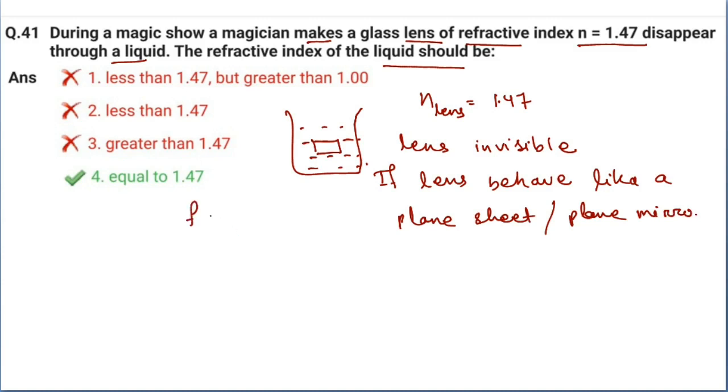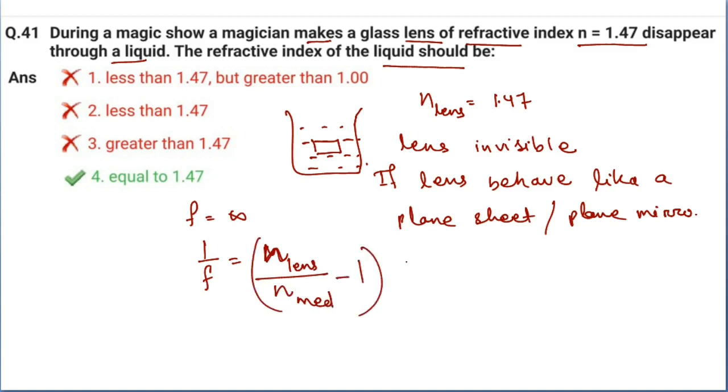For a plane mirror, focal length is infinite, and we use the lens maker formula, that is 1 by f is equal to the refractive index of the lens upon the refractive index of the medium minus 1, whole into 1 by r1 minus 1 by r2.